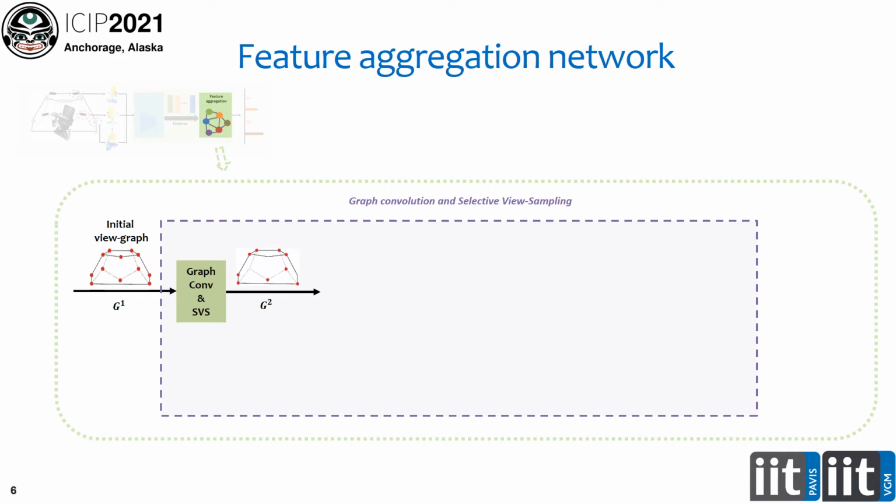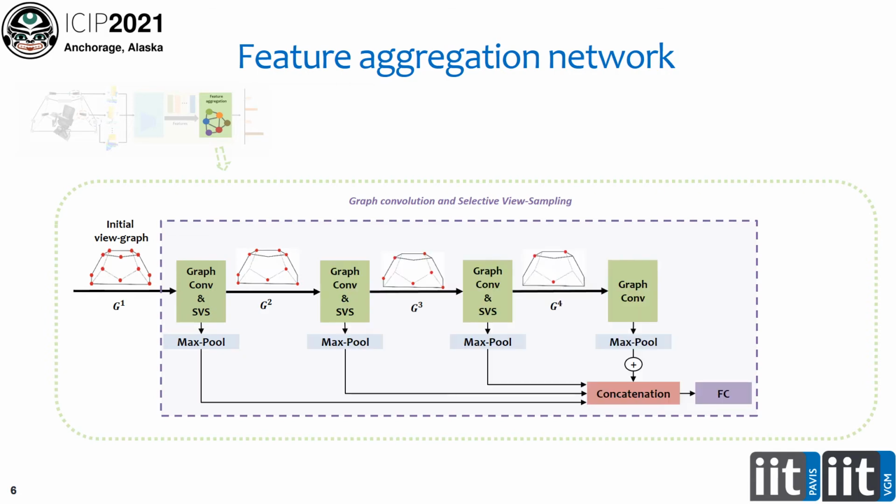After each graph convolutional level, a max pooling is performed on the updated features to obtain the global shape feature. The final global shape feature is a concatenation of all pooled features at all levels. We also add one residual connection from the output of the first convolutional level to the last one to prevent vanishing gradient.